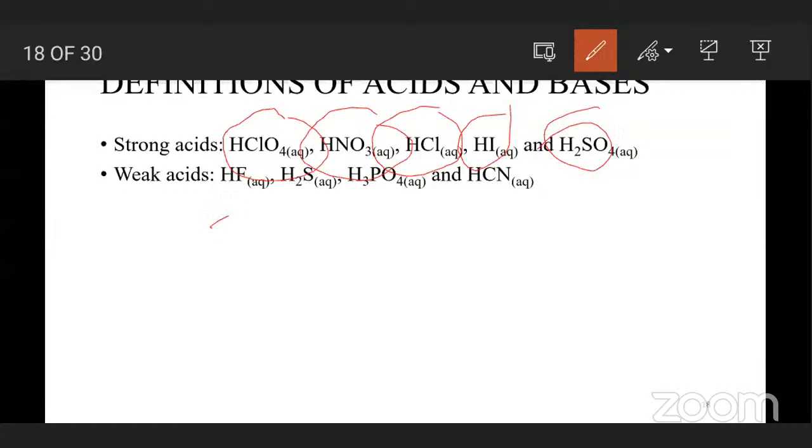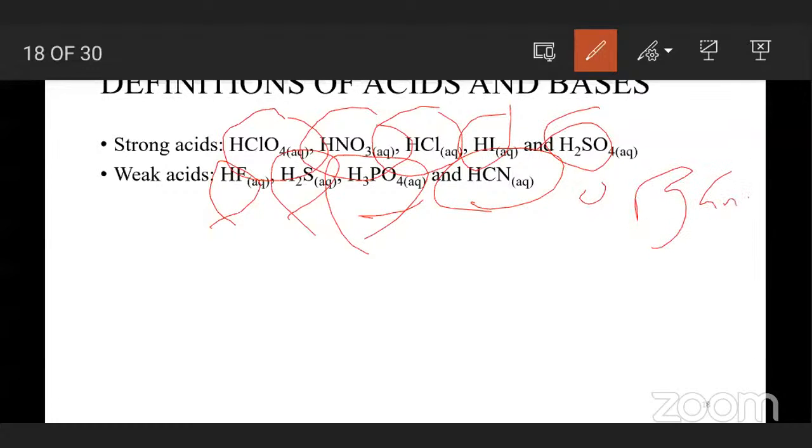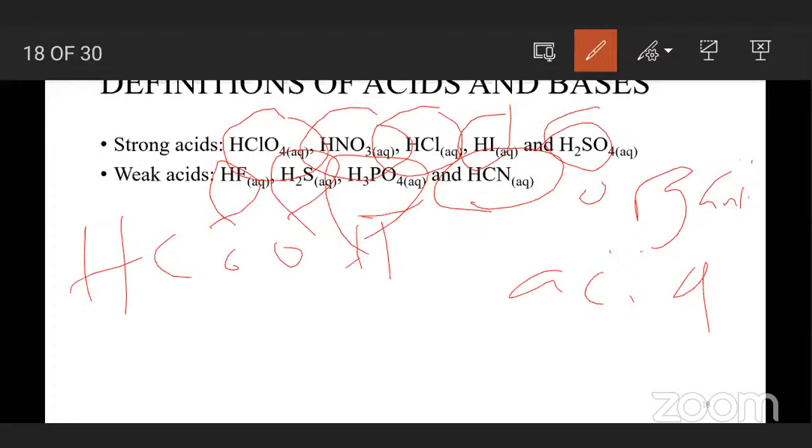But we can have weak acids like HF, H2S, H3PO4, HCN, and even those organic acids. We have mentioned some of them, like methanoic acid, lactic acid, ascorbic acid, ethanoic acid.